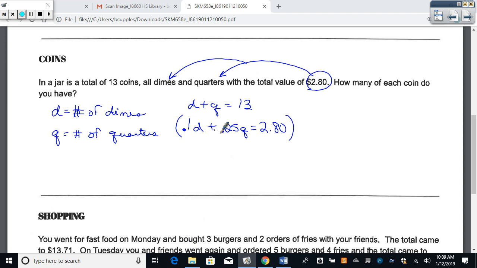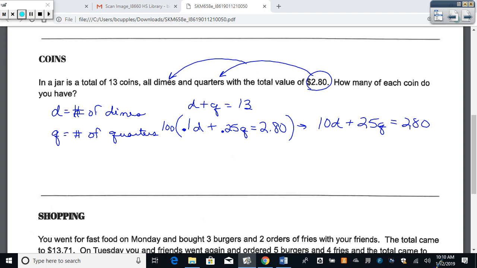If I multiply each of these values by 100, I no longer have any decimals. Okay, so what that'll look like is this. 10D plus 25Q equals 280. Okay, if decimals don't scare you, maybe multiplying by just 10 would be good enough.